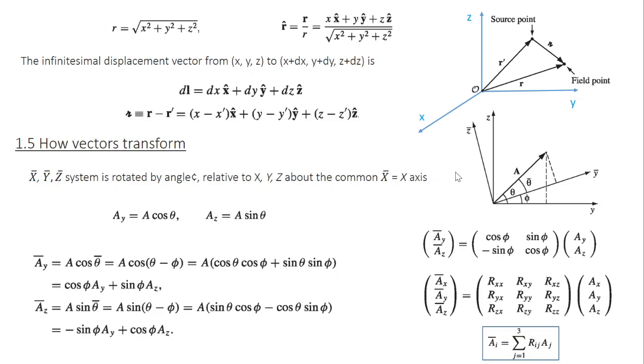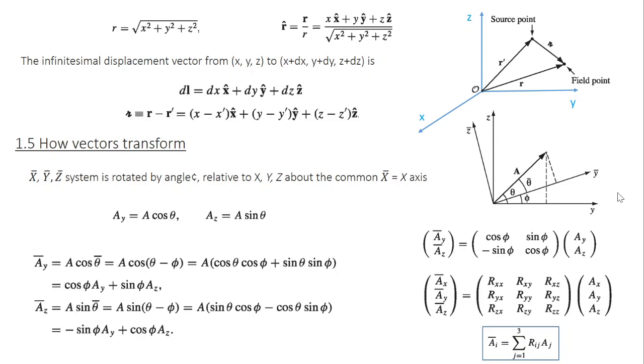Now we want to represent the vector in the new coordinate system x bar, y bar, z bar. Let me call that as A bar. The question is, can I write A bar in terms of A? Or can I write Ax bar, Ay bar, Az bar in terms of the old components Ax, Ay and Az?